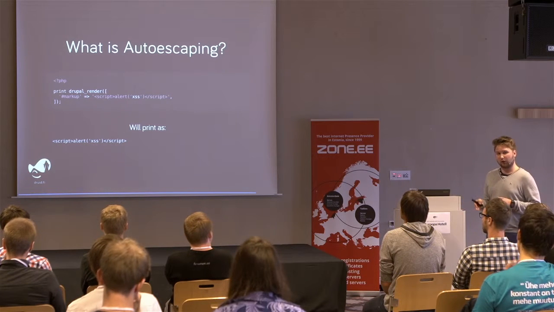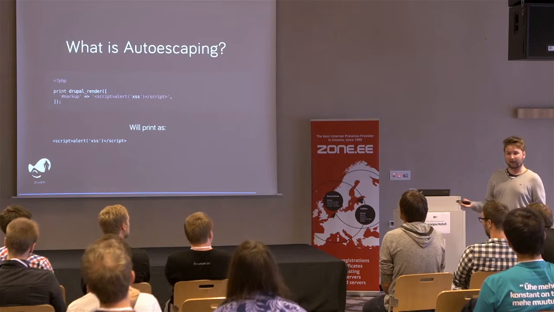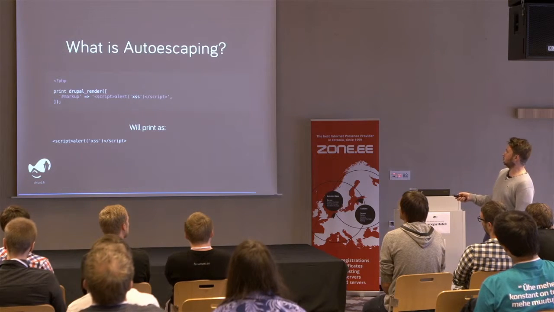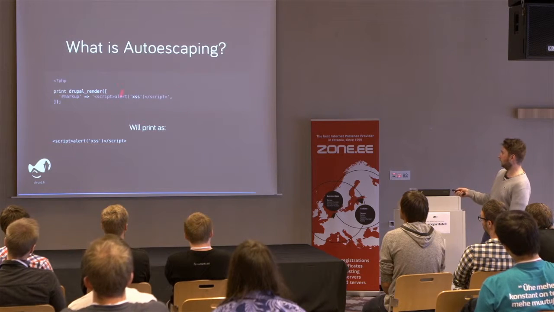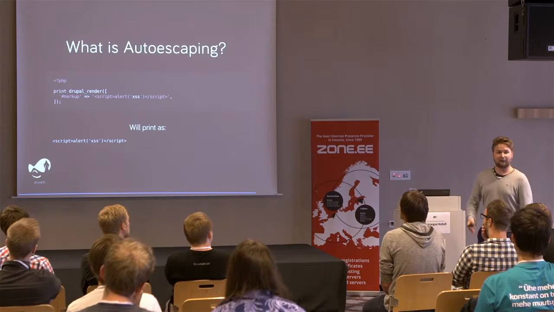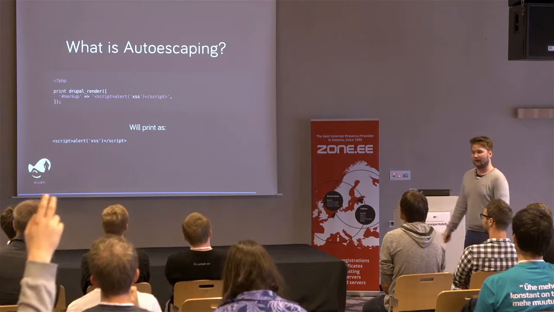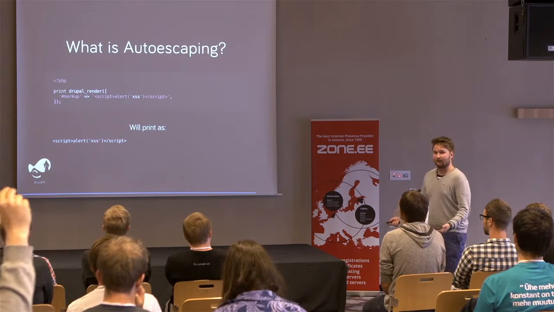So this doesn't actually cause any problems for the users because they just see whatever you wanted them to see. So we assume if you are outputting a script alert, blah, blah, blah, that your user sees the script alert, blah, blah, blah. And that makes sense, yeah?